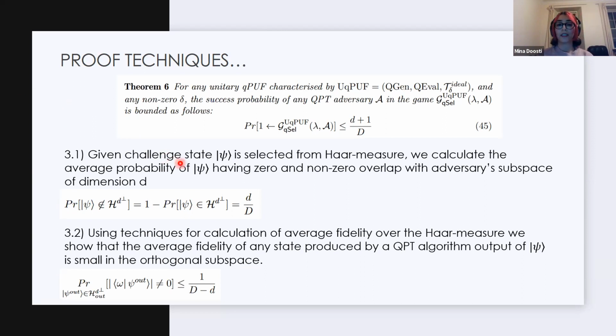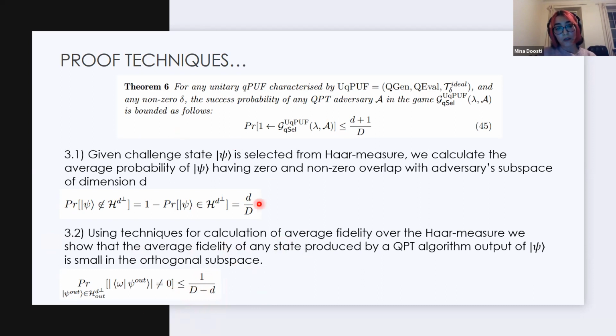And given that your challenge is selected from the Haar measure, you can use the symmetry and the geometry of the Hilbert space to show that the probability that, on average, it falls into the subspace that has no overlap is high, or that the other one is low, is bounded by d over D. And then, by taking the integral over the Haar measure, we show that the average fidelity of any state that a QPT adversary can produce in a subspace that is orthogonal to the state is very small, also bounded by 1 over capital D minus d.